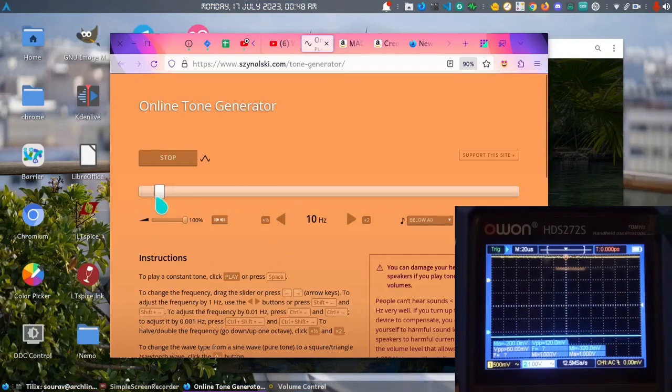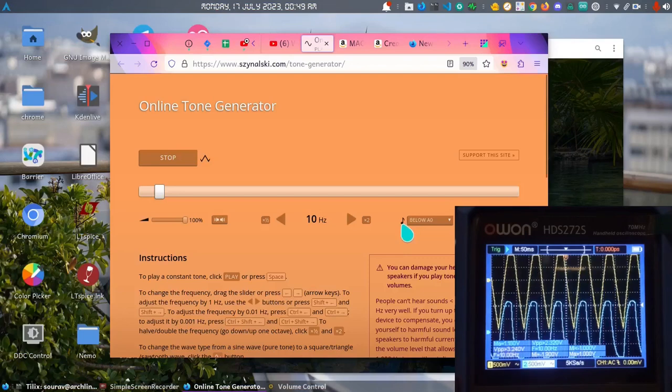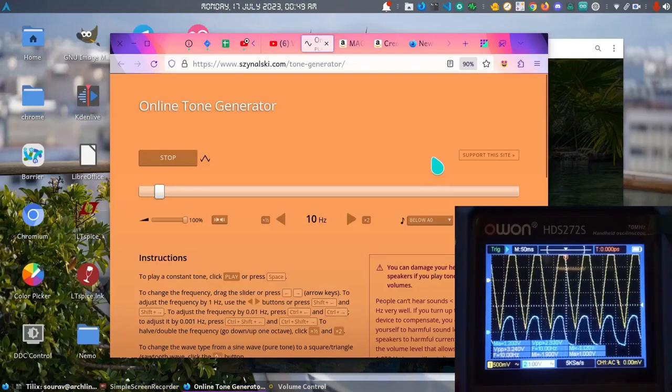If I use a triangle wave at 10 hertz and acquire the meter again, it will take some time because the Soundblaster might be doing something nasty. First let me change the voltage level to 1 volt for both the channels.